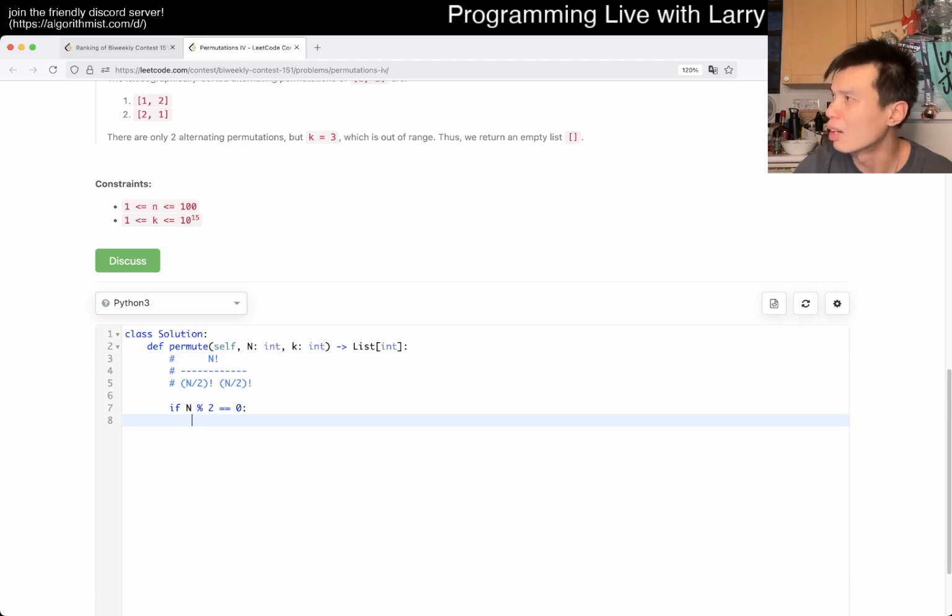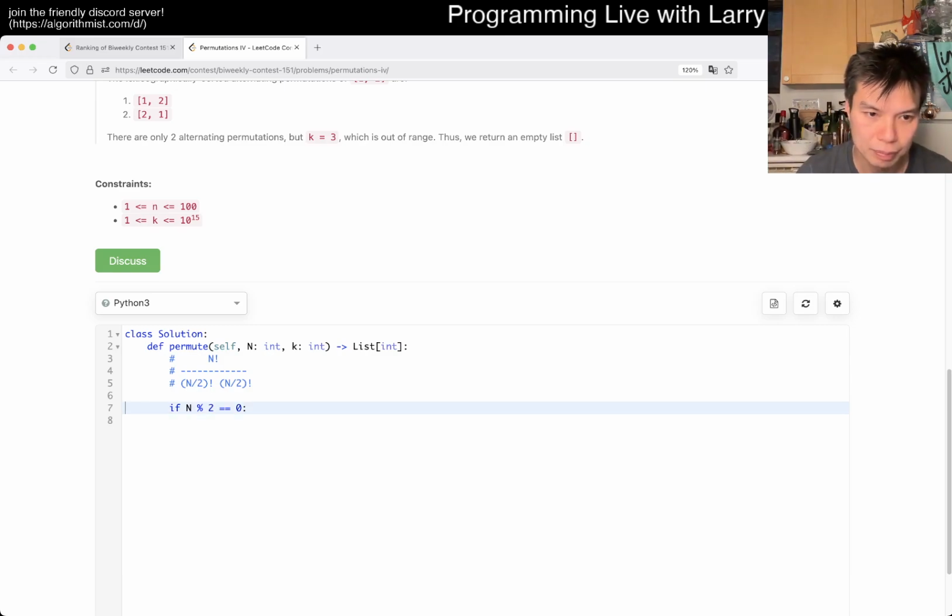So then the k part is a little bit tricky, isn't it? It's still a little bit tricky because we have to combine two things. Okay, so I guess this doesn't matter then.